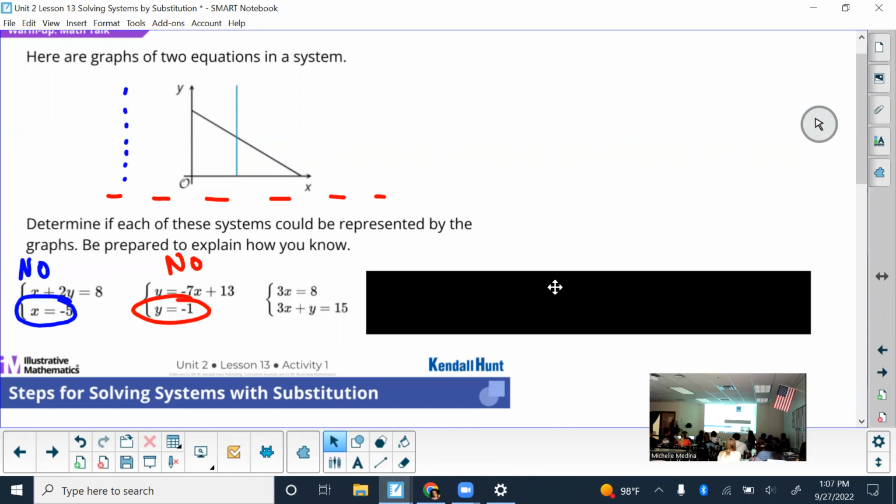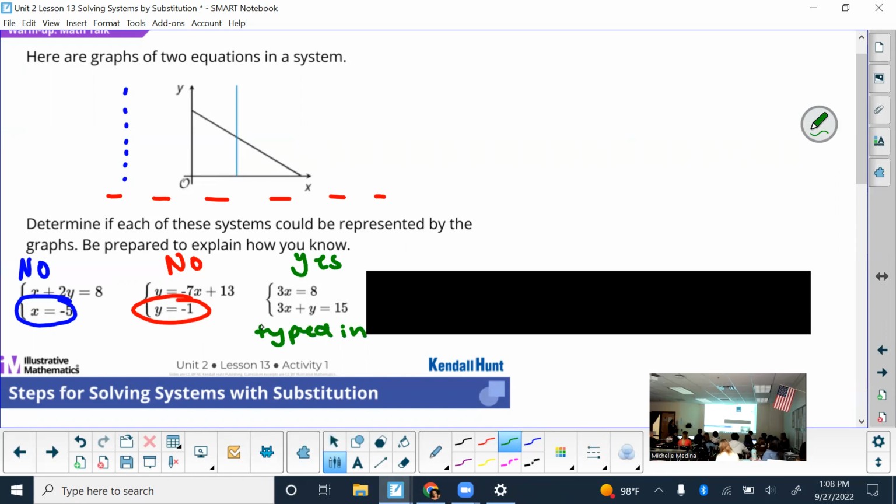Emery, yes or no? So if you type both in, even without rearranging it, you do get a vertical line that is to the right of the origin. And you do get the other line with the negative slope.